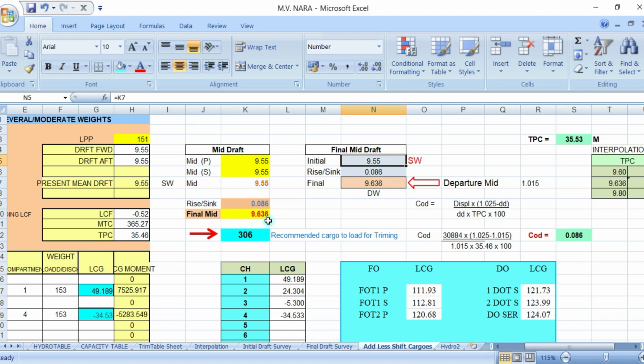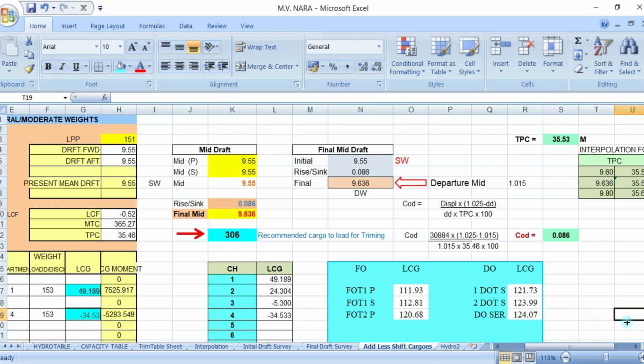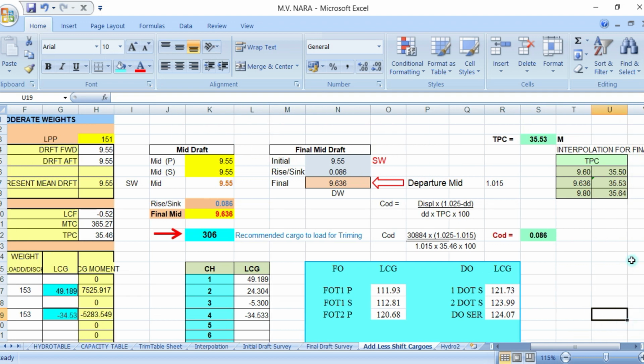The formula is the sinkage multiplied by 100 times the TPC at your departure draft. The departure draft is 9.636, and this will be your TPC as interpolated.